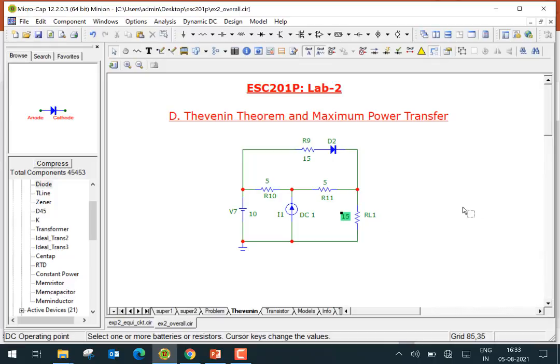And then one could determine an approximate value of RL using Thevenin's theorem, and then a little bit of tuning may be required to figure out the exact value of RL, because the value of RL that you find by assuming 0.7 is based on an approximation, right?